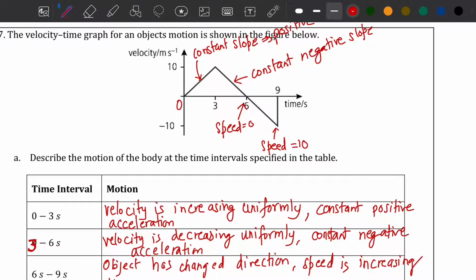So at 9 seconds, the object comes to instantaneous rest. Instead of writing sudden, we'll write instantaneous. That means without taking any time.